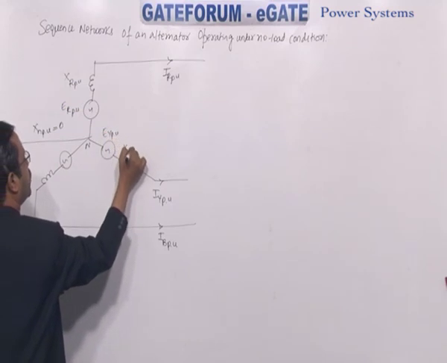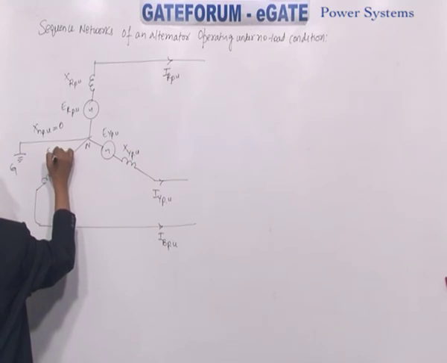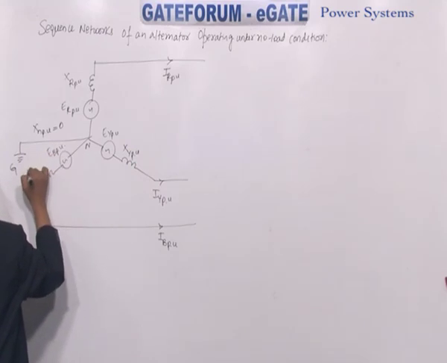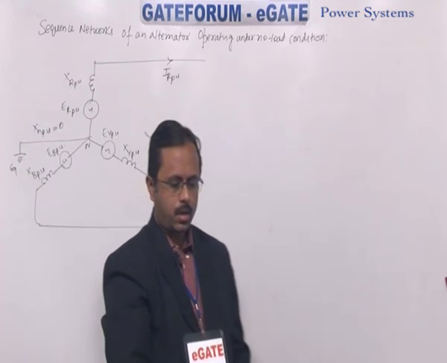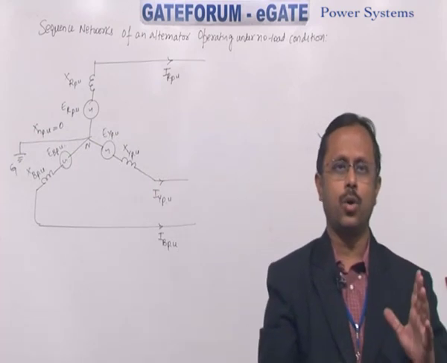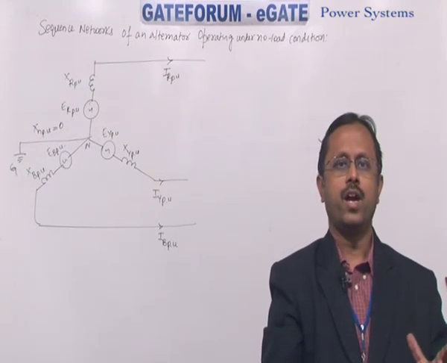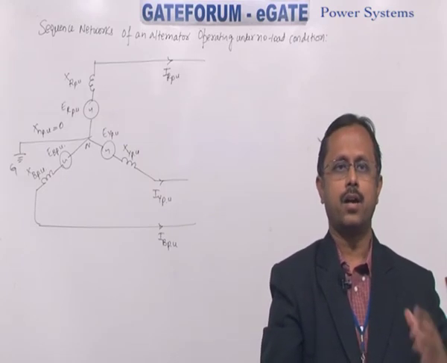Here EY per unit, XY per unit. EB per unit, XB per unit. Now for this synchronous generator operating under no load condition, we have to draw the sequence networks and accordingly you find the equivalent reactances.